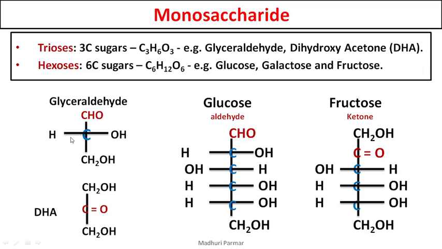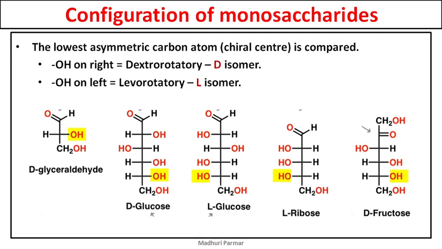The carbon which has four different groups present on each of its valencies is called a chiral carbon. So this chiral carbon shows optical isomerism. It will be optically active.